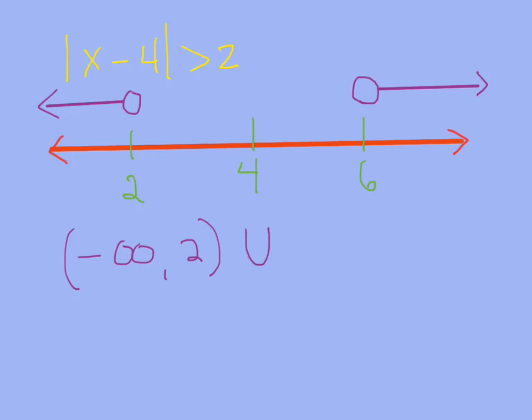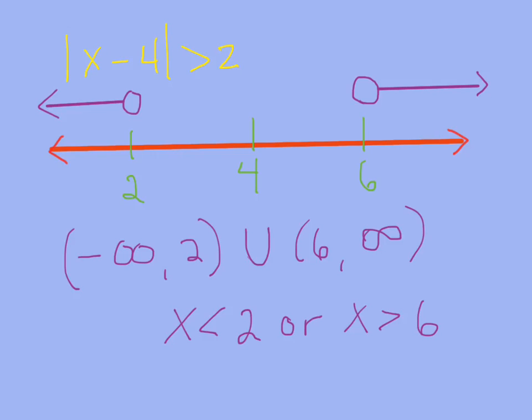And then we would use a U to mean or, from 6 to infinity. Writing in set notation, we would have x is less than 2 or x is greater than 6. So 3 different ways to write it. Remember the U stands for or.